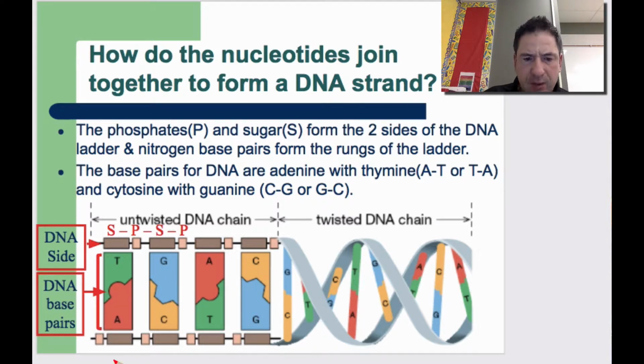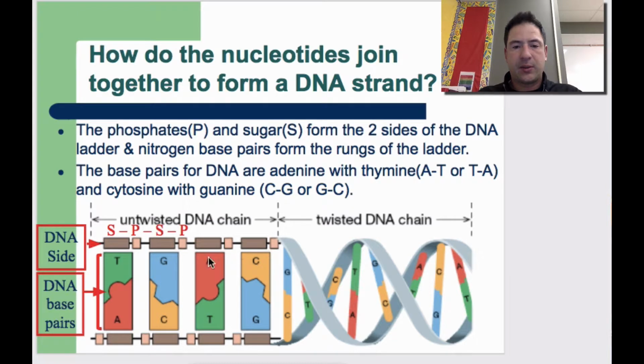Now, and they're complementary. So now, if I was to separate this down the middle and take a look at this strand, each three nitrogen base section is going to make a triplet codon. And triplet codes are going to code for an amino acid, and a series of those are going to make proteins.